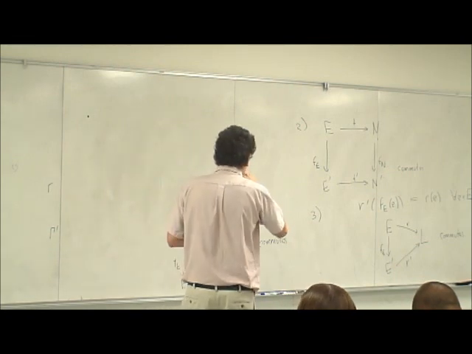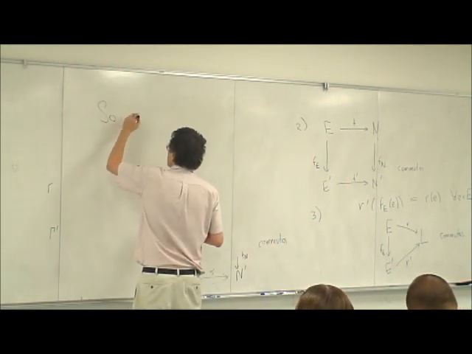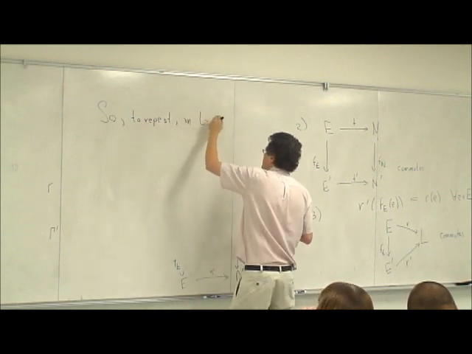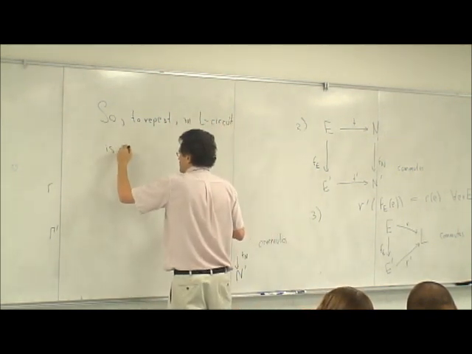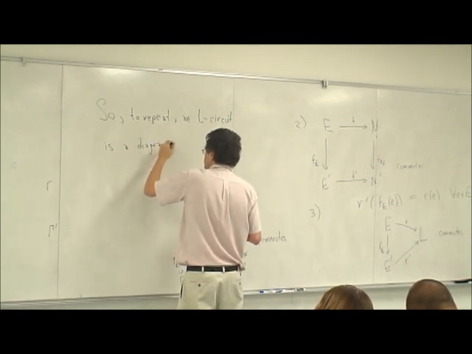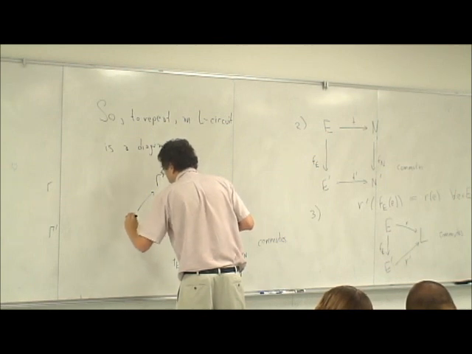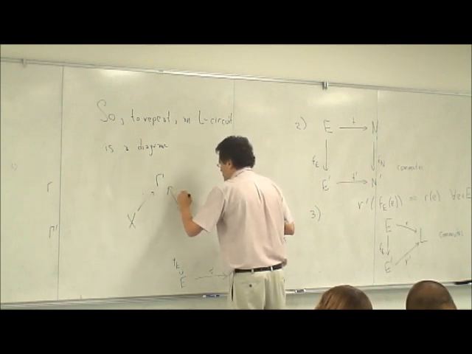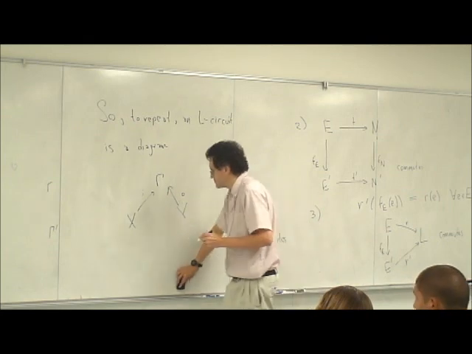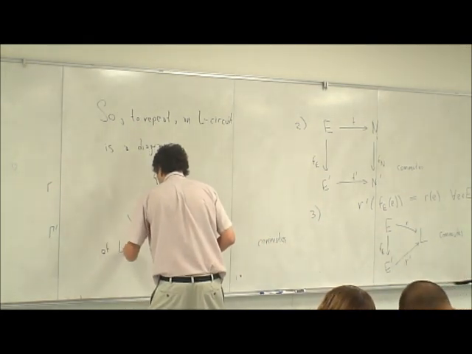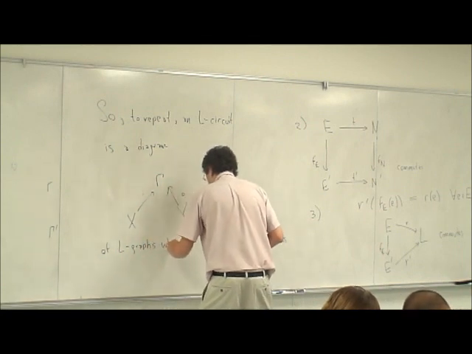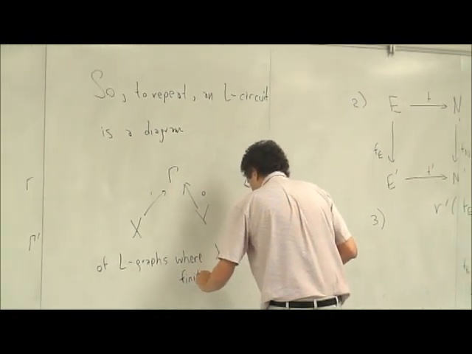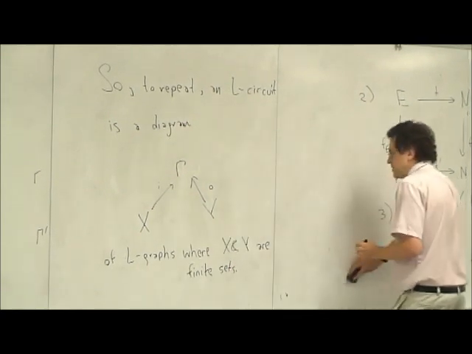Okay, so to repeat, an L circuit is a diagram where you have some set, thought of as a very degenerate L graph, and some other set, both of which are mapped into a more interesting L graph, where X and Y are just finite sets getting turned into L graphs in the way that I described.